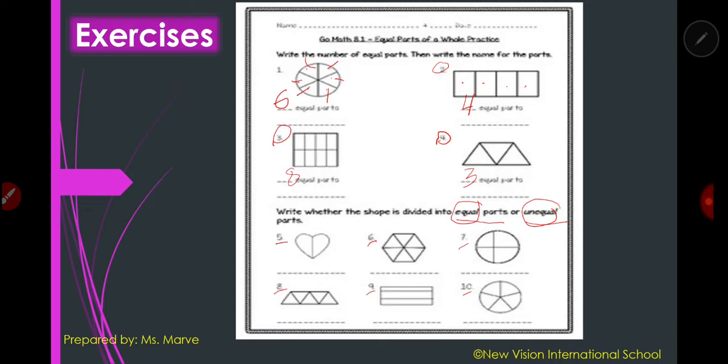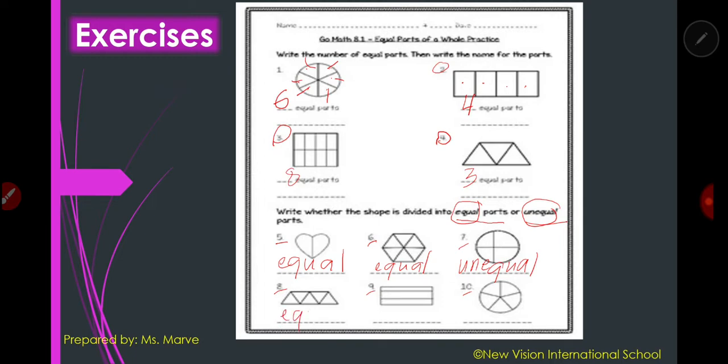Okay, so let's check your answers. Number 5. It is equal. Number 6, of course, it is equal. Number 7, what do you think? It is unequal. How about number 8?